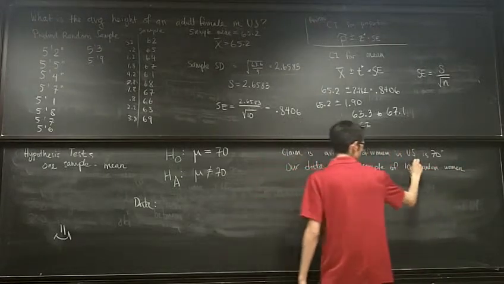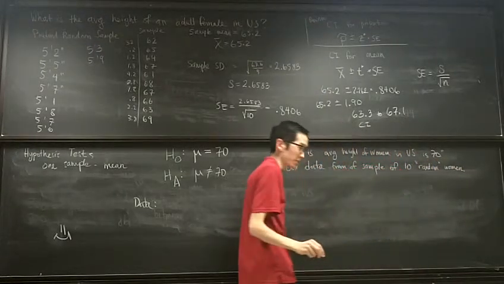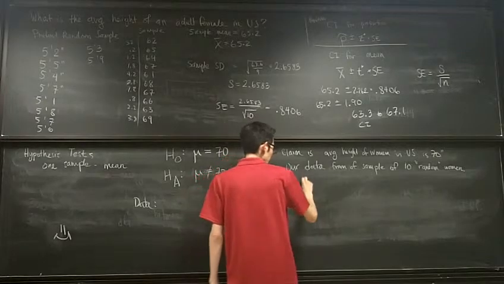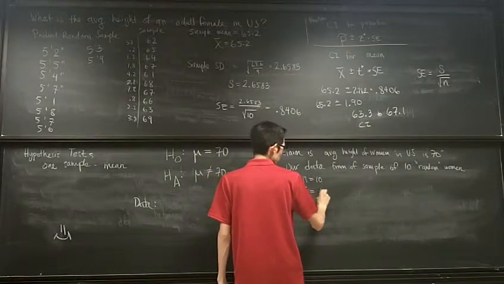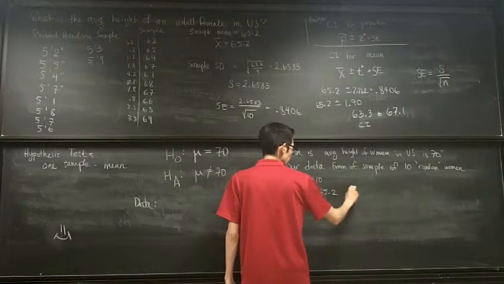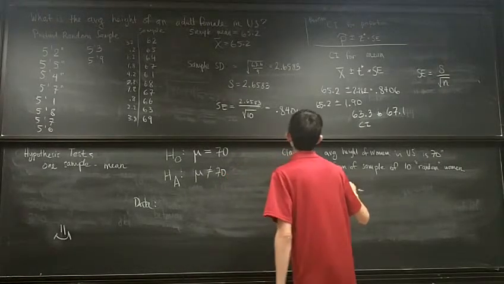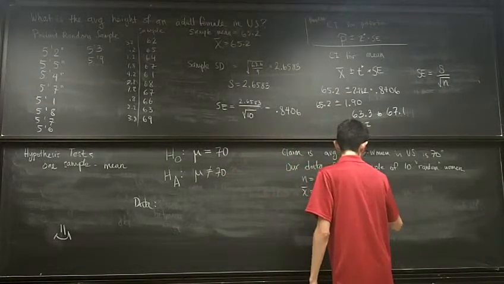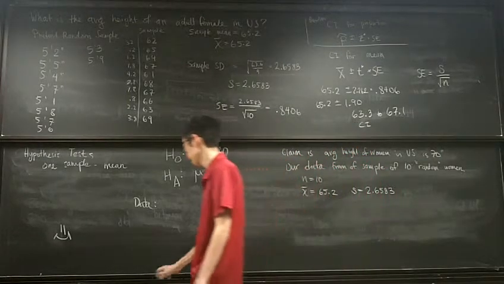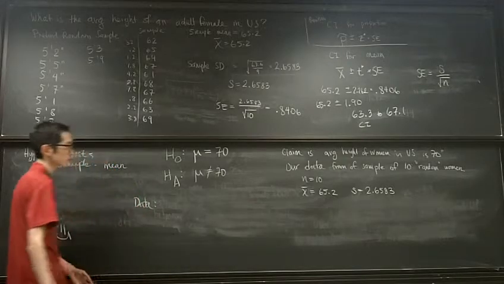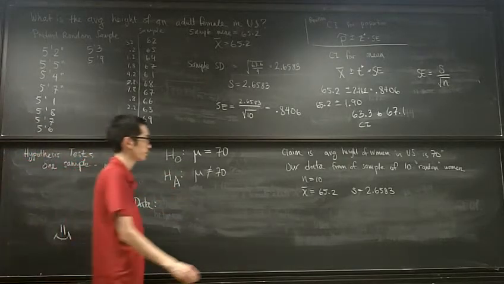Again, we'll just treat this as a random sample. So we have n equals 10, my x bar is 65.2, and my s is 2.6583. Okay, so this is my data.